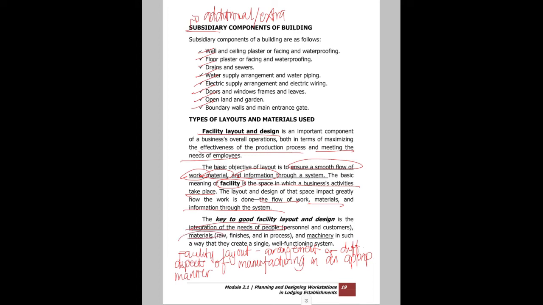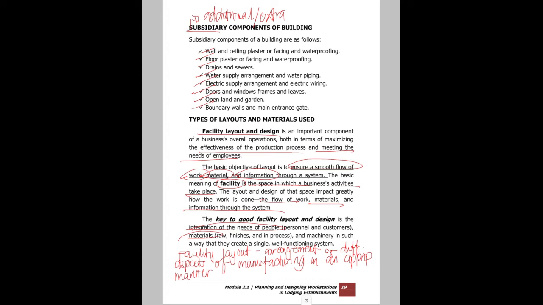So, as mentioned last time in Module 1.1, ergonomics is the integration of human factors and the machines. So, ibig sabihin, dito sa Module 2.1, hindi pa rin talaga mawawala si ergonomics.